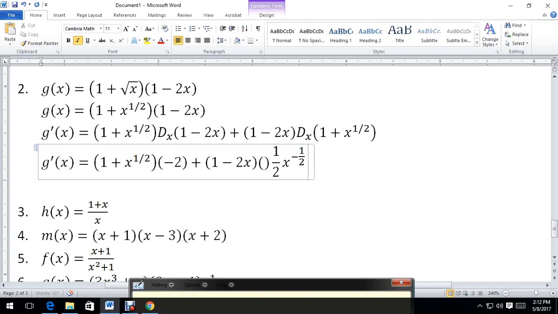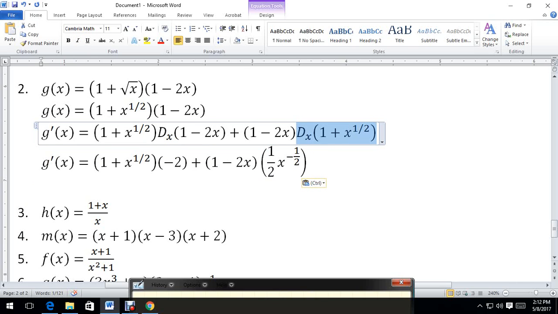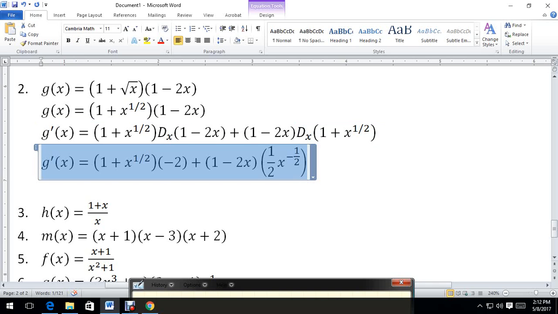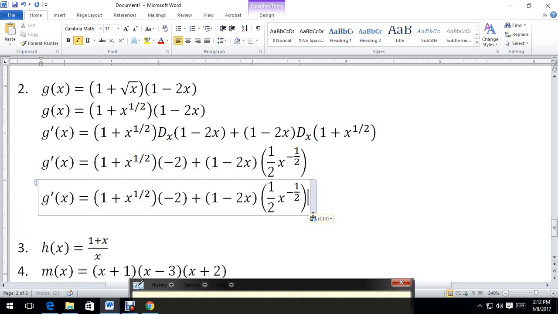Okay, so remember this part here, 1/2 x raised to negative 1/2, is the result of the derivative of this highlighted portion. This result is the first derivative of the second plus second derivative of the first. Okay? Now, to simplify things further, we could do some distribution.